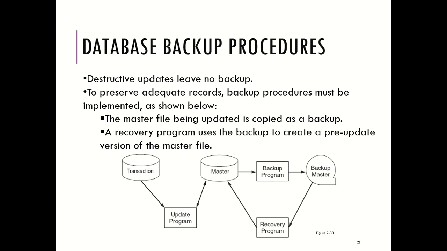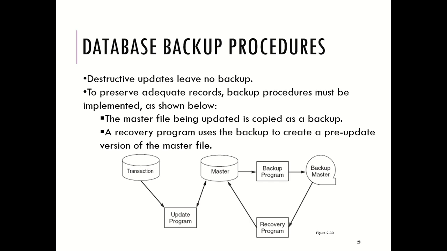And a recovery program uses the backup to create a pre-update version of the master file. That is important, guys, especially when our system is not reliable. We have a diagram here. From the transaction, the information goes to our master file.